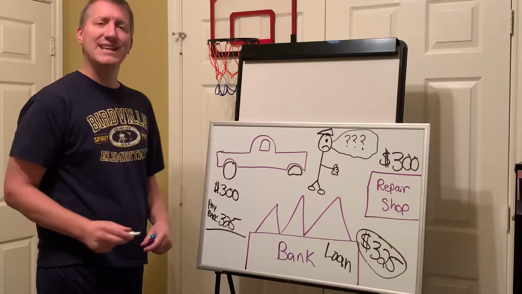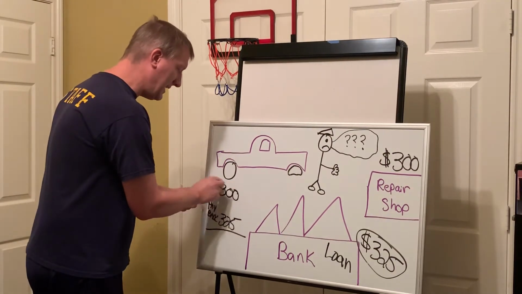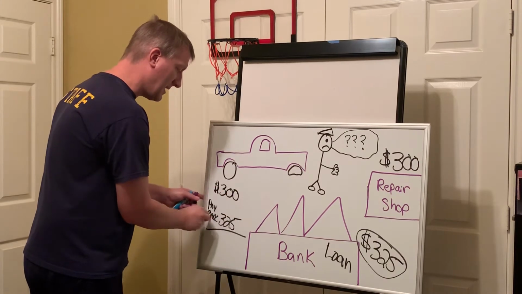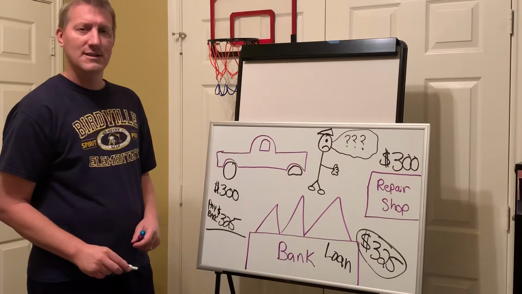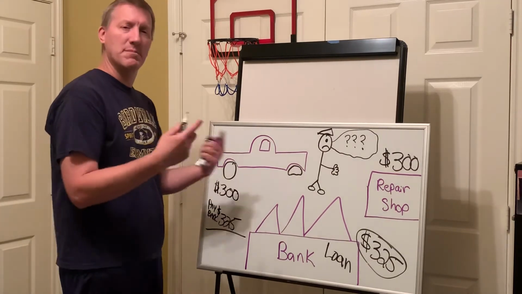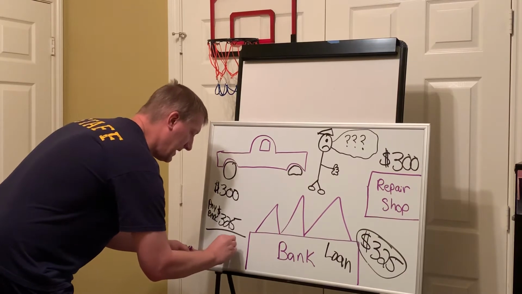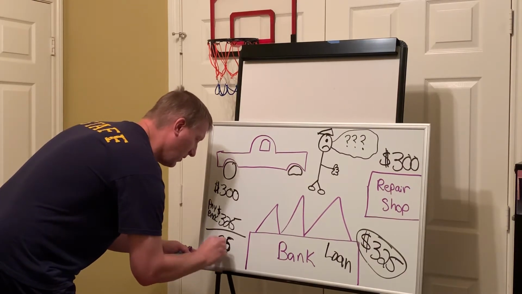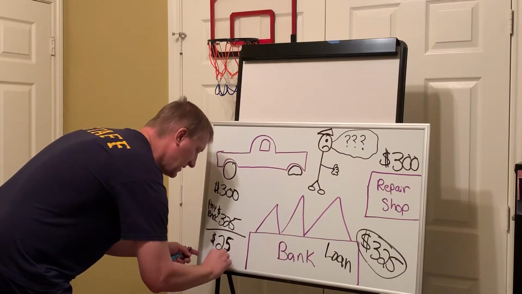So how much interest am I paying? The bank gives me this. I have to pay back this. How much interest is the bank charging me? Yeah, the bank is charging me $25 interest.